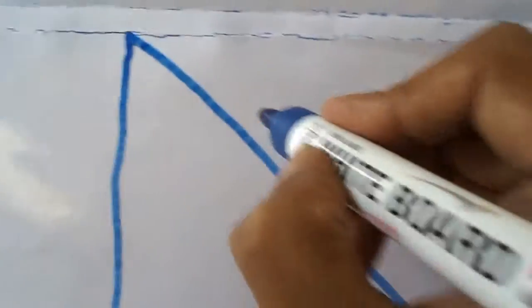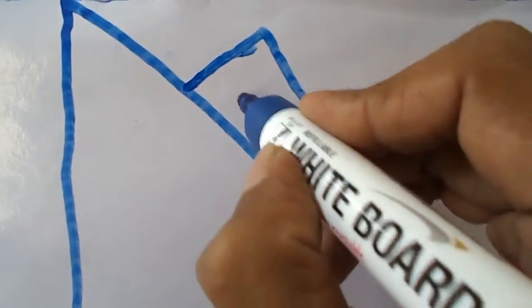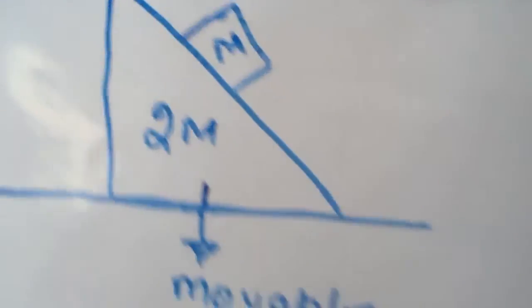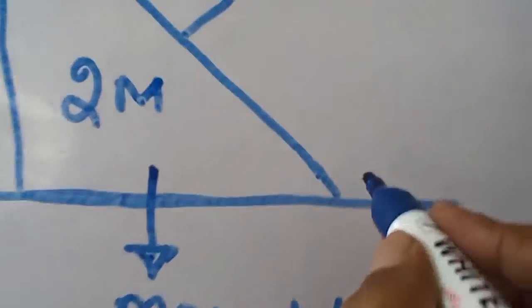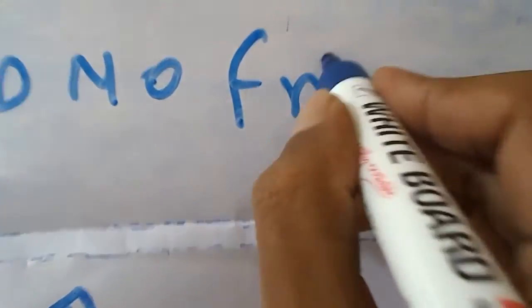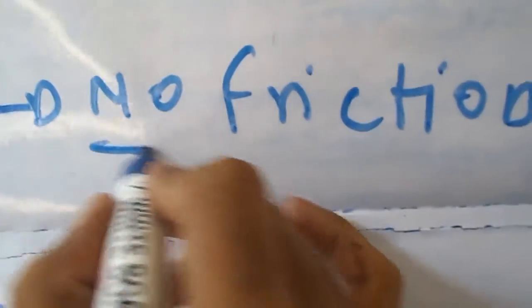And on this movable wedge there is a mass, and this mass is m, and the wedge mass is 2m. Okay guys, this is the wedge, this is the block. Here there is no friction.